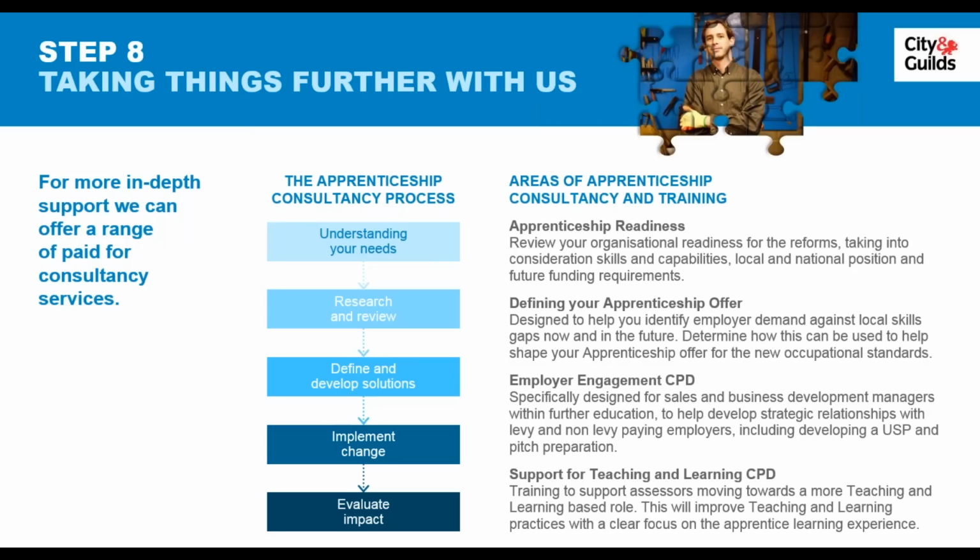So it goes back to that health check and helping you to get ready for the apprenticeship reforms, the standards, the funding systems, helping you define your offer so we can come in and help you really shape what your offer should look like based on future or current skills gaps, and how this links to employers and to what those standards actually look like.